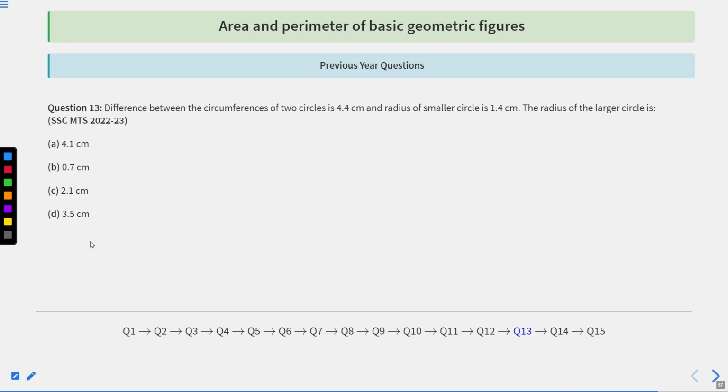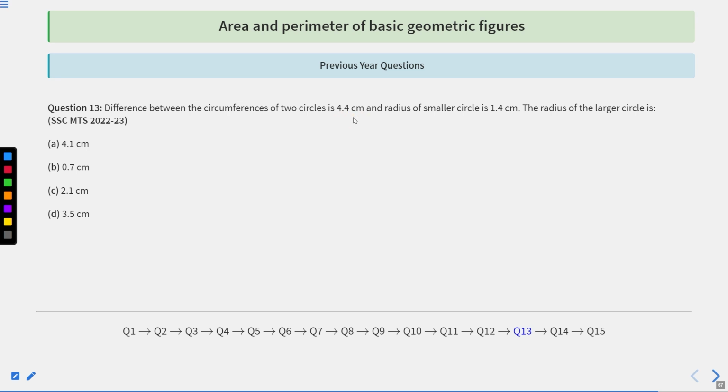Let us move ahead to problem number 13. The difference between the circumference of two circles is 4.4 centimeter and the radius of the smaller circle is 1.4 centimeter. Then the radius of the larger circle is. So we have two circles here, and the difference between their circumference is 4.4 centimeter.